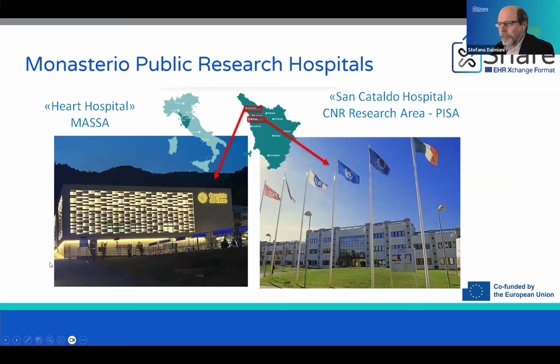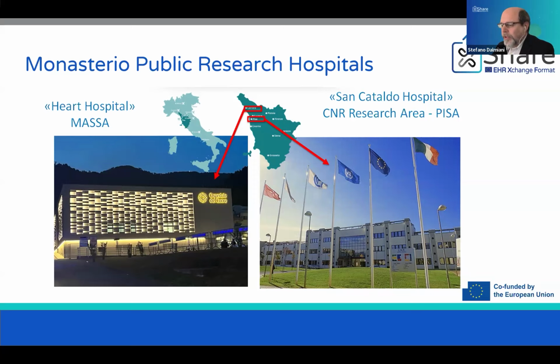Just a few words to introduce my organization. I'm from Monasterio Foundation, which is a group of public research hospitals, a tertiary center for cardiopulmonary diseases, and we are one of the pilot sites for EHRxF and an early adopter of the EHRxF button. We have worked with standards and EHR systems since the late 90s and early 2000s.